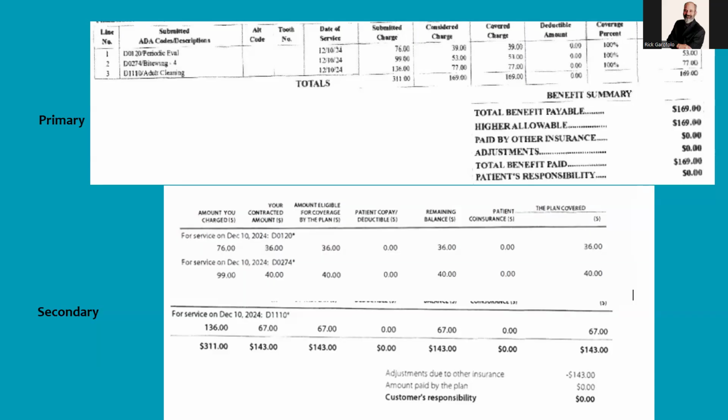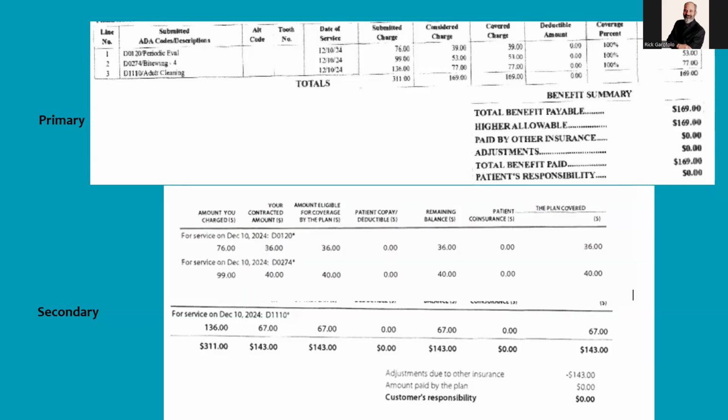So now we have a periodic exam, 4 bite wings, and a prophy. Standard recall. Exam, bite wings, prophy. Standard recall. We see here insurance paid, the primary paid 169, which is 100% of their allowance.